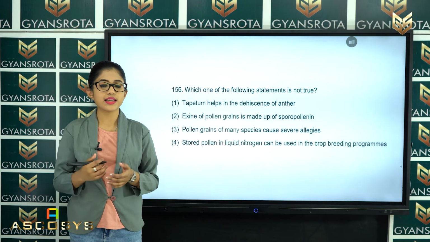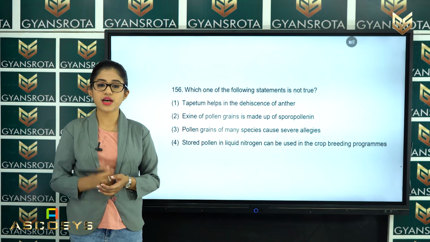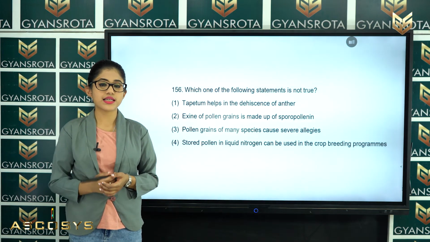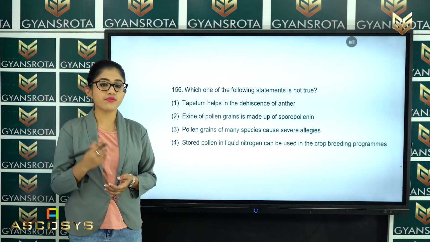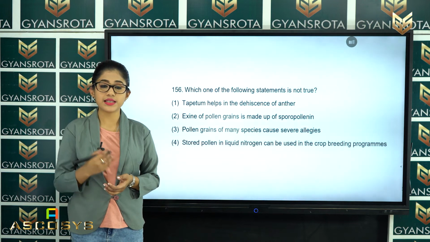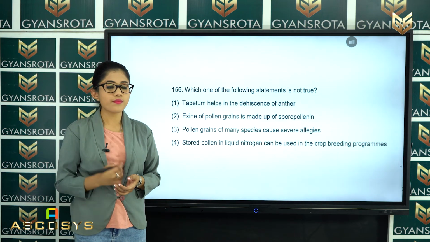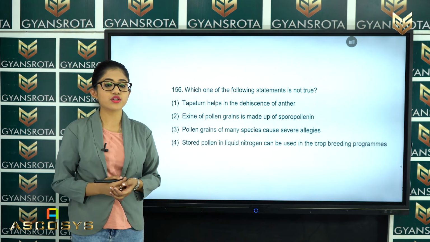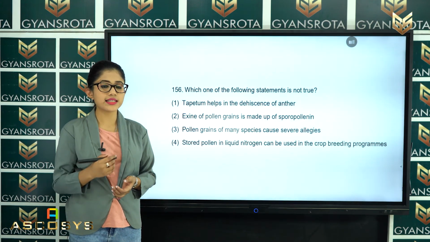So, this has directly come from the chapter Sexual Reproduction in Flowering Plants. While discussing microsporogenesis, there we have got the 4 anther layers, that is the tapetum, then sporopollenin, then middle layer and the outer layer. So, in the first option it is given that tapetum helps in the dehiscence of anther. Is this a correct statement?